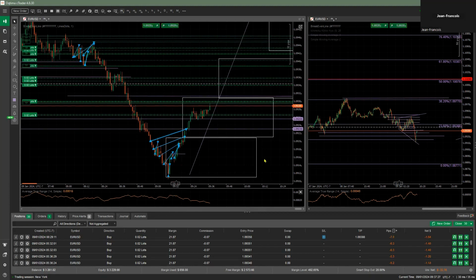Right? So we're just looking for this retracement to be breaking even or better. Yeah, there we go. That's the kind of stuff we want to see.